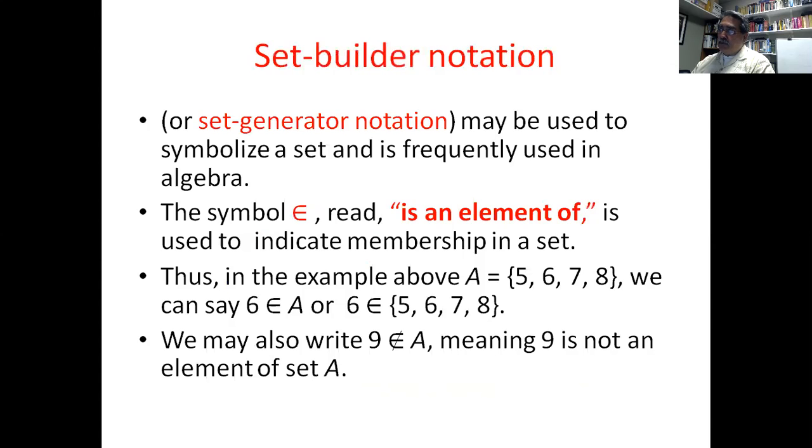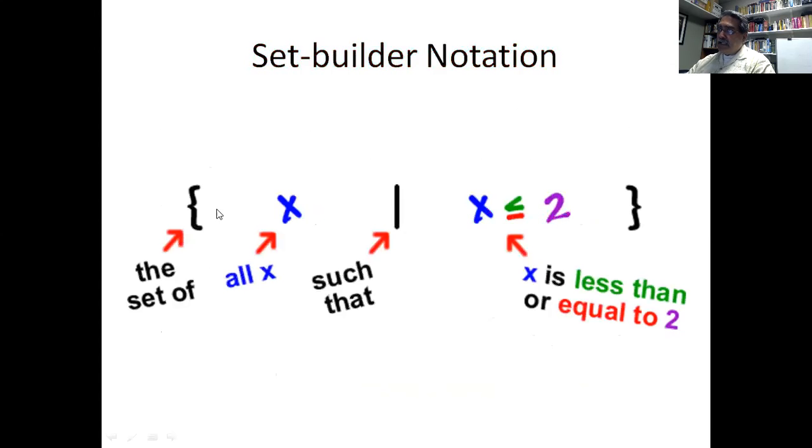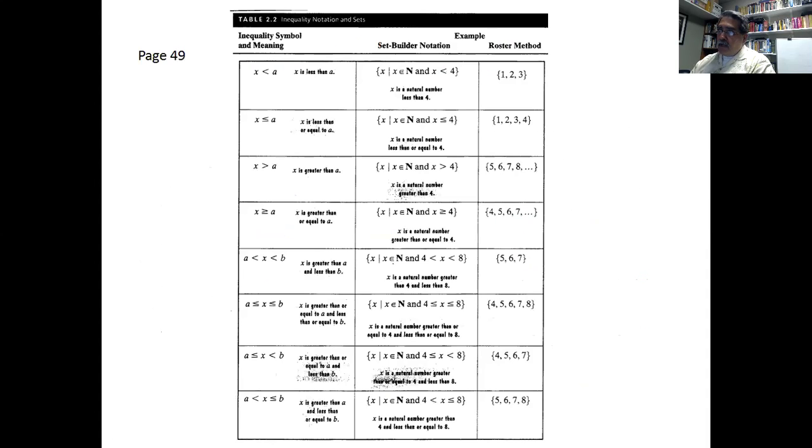This is set builder notation. Basically, in set builder notation, you have the braces. It says the set of all the x such that, you have this little bar, x is less than or equal to 2. On Table 2.2, you have all these. For example, here, x is less than 4, and this is the symbol, this is the description.